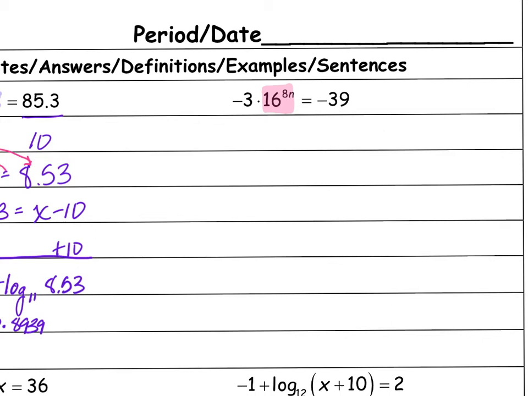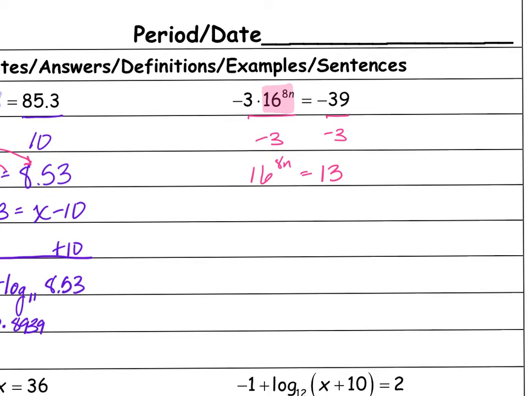So I'm going to divide by -3. And I get 16 to the 8n equals, well, what's -39 divided by -3? I'm pretty sure it's +13.